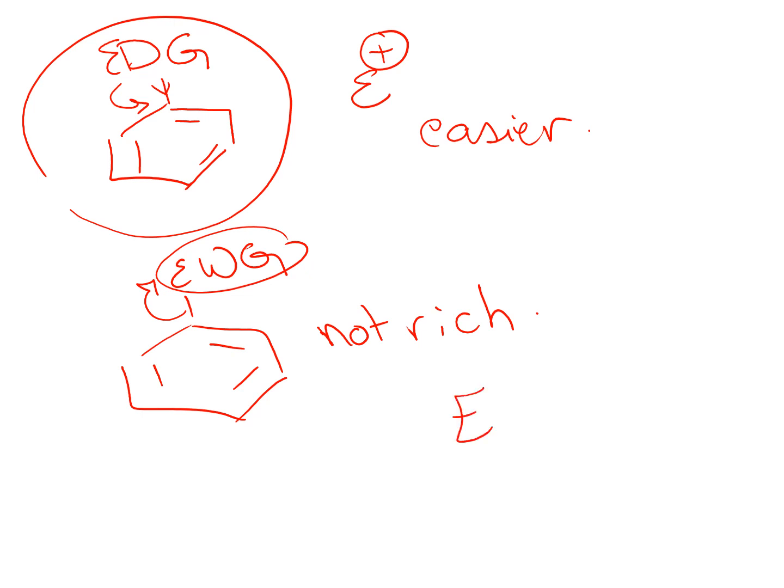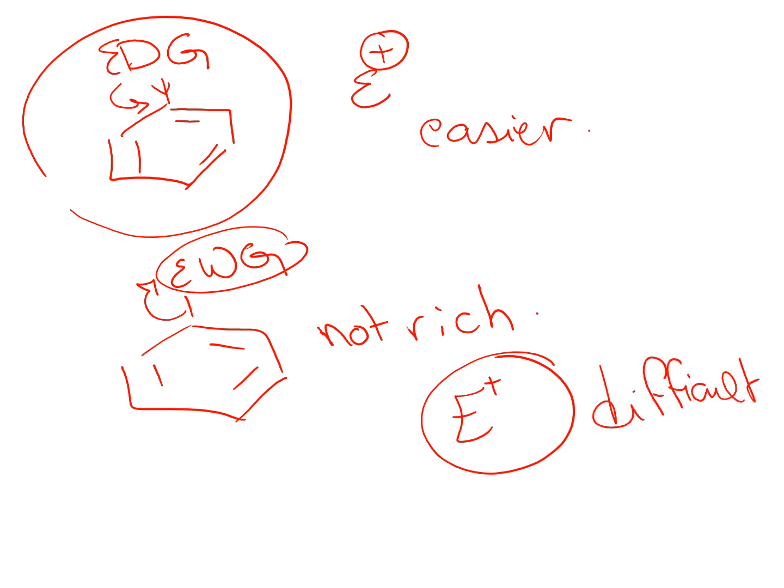And since we are introducing something that needs electrons, then this reaction is more difficult than introduction of the electrophile to an unsubstituted benzene ring. So this is an easy reaction. The electron donating group presence on a ring makes the reaction easier. The presence of an electron withdrawing group on the ring makes the reaction harder.